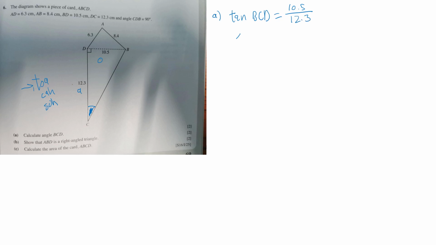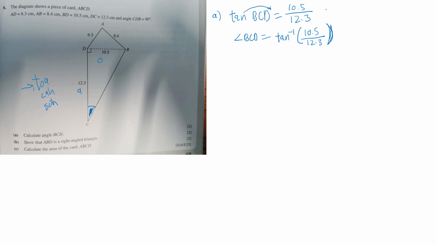So we want to find angle BCD is equal to tangent inverse, bracket, 10.5 over 12.3. Now you may realize that just now I did not bracket. It doesn't really matter that much, but on the calculator, remember to close the bracket inside your calculator, alright?